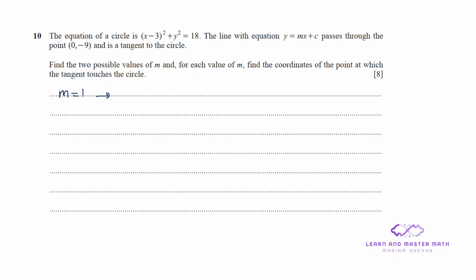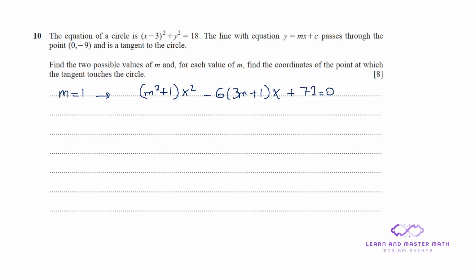Return to the quadratic equation: (m squared plus 1) x squared minus 6 times (3m plus 1), to get this just take minus 6 out, x plus 72 equal to 0.